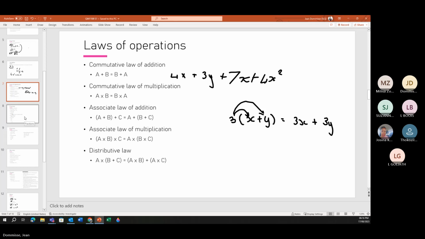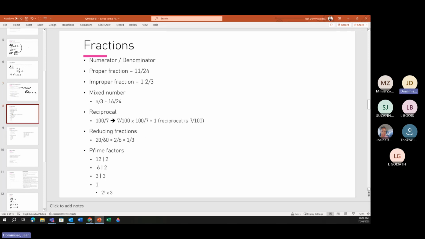Okay, then fractions. Again, I think with this one it's more towards what we will see later. If we have something like 11x minus 1 over 24, we know how we need to change it into a format that we can use more easily.